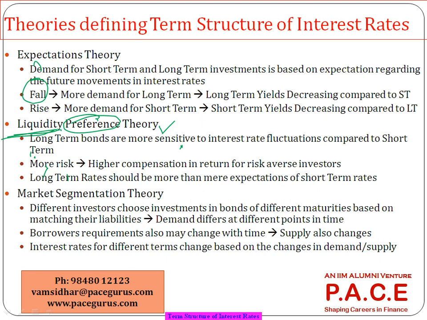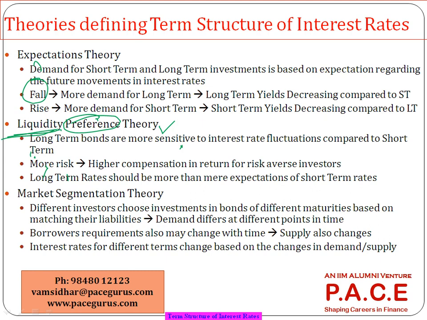So that's the second theory, not just the expectations. Whatever the expectations are, the actual return should be slightly more than the expectations because of the high risk associated with locking and blocking the money for a longer period.